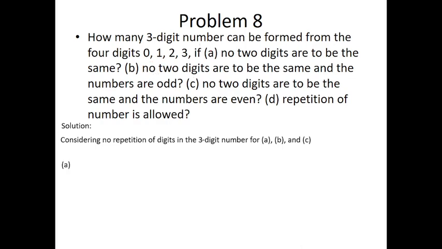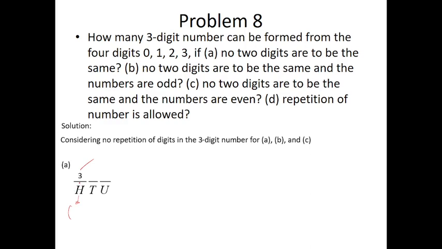So considering letter A, here's the three-digit number. What are all the possibilities for forming a three-digit number such that no two digits are the same? Meaning all digits must be different. Let's start at the hundreds place. Can we place 0 at the hundreds place?